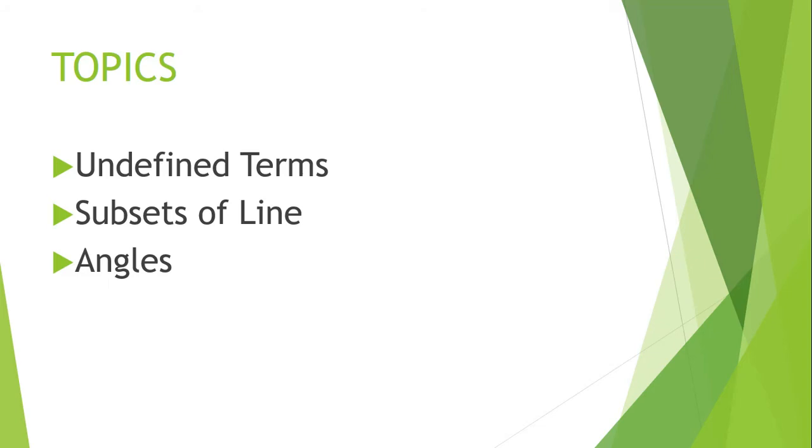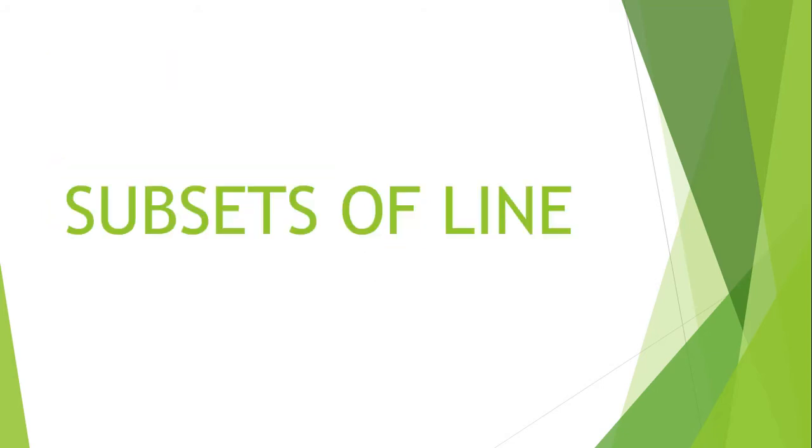We are done with the undefined terms. Now let's proceed to the subsets of line and angles. The subsets of line are the line segment and the ray. So we have line segment, and ray.